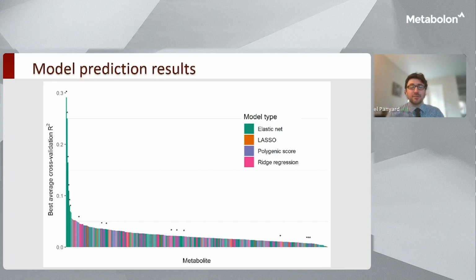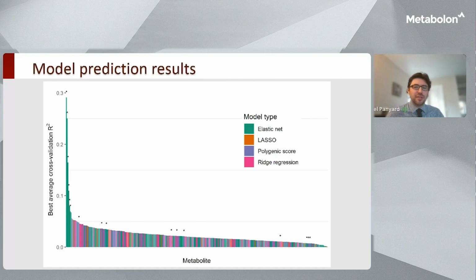So we're capturing just a modest amount of variance in these metabolites in most cases, but there are a few notable exceptions on the far left-hand side. There's a handful of metabolites which are very strongly predicted by even just a couple of genetic variants. So again, just reiterating this theme that when you study genetics and metabolites, you can often find these very strong associations with metabolite levels in a few cases.